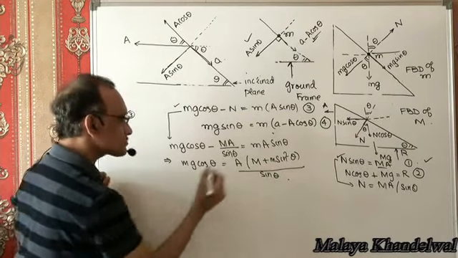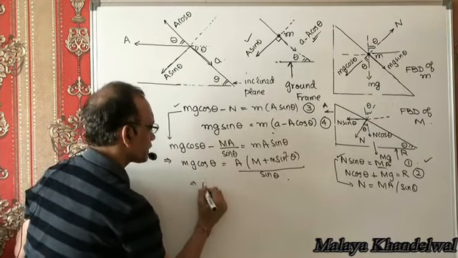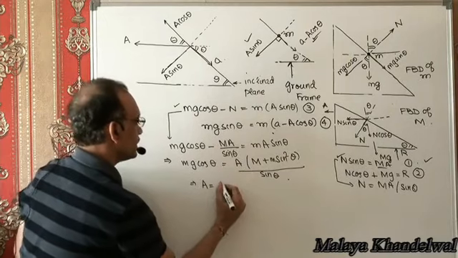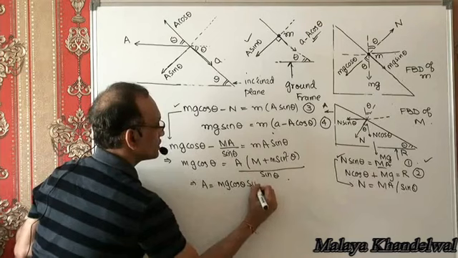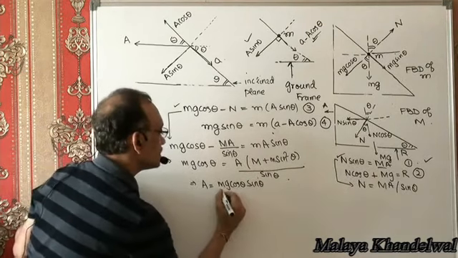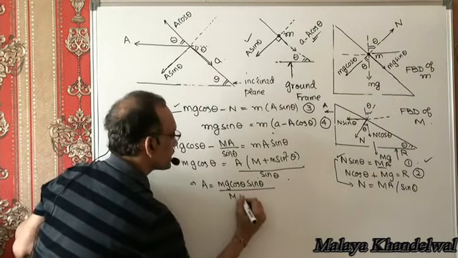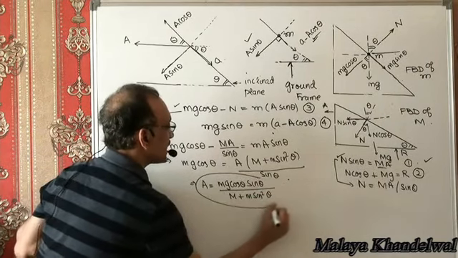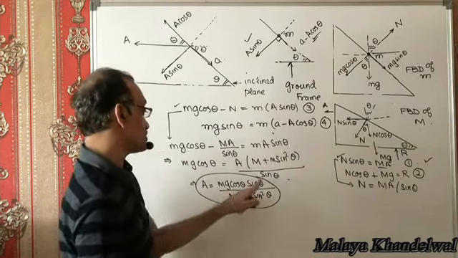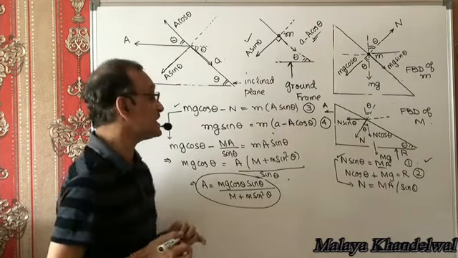That's what happens. A then turns out to be mg cos theta sin theta divided by capital M plus small m sin square theta. That's the acceleration of the inclined plane.